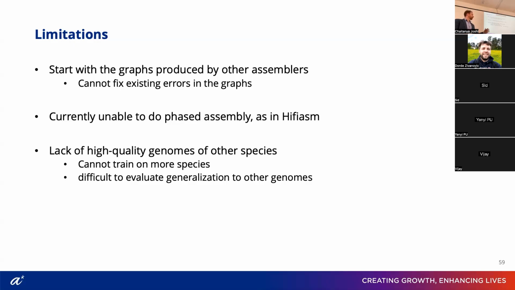And the last thing is there's a lack of high quality genomes of other species, or until recently, even of human. So we had a very limited training set, a very limited set of things that are labeled sufficiently that we can train on them. And then it was very difficult also to generalize to any other genomes.